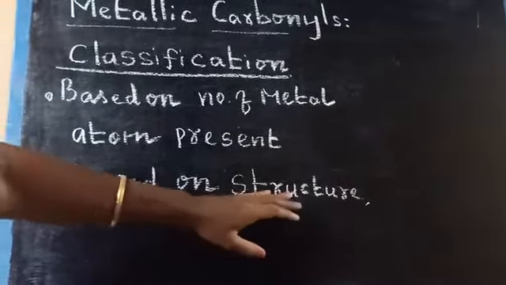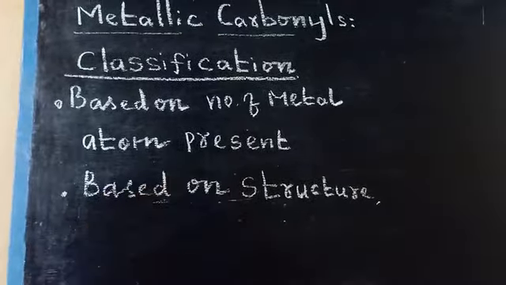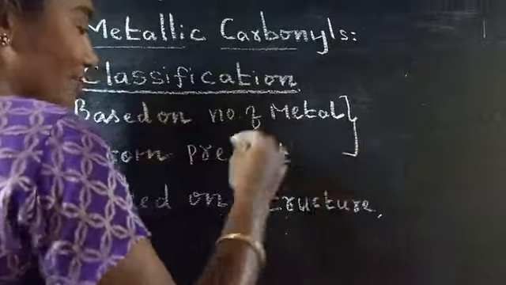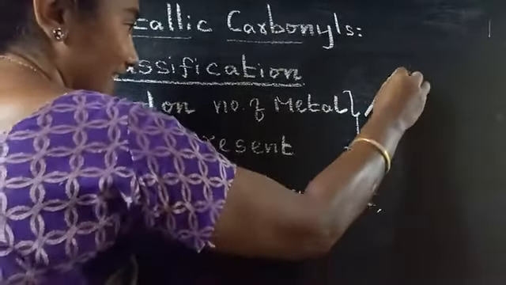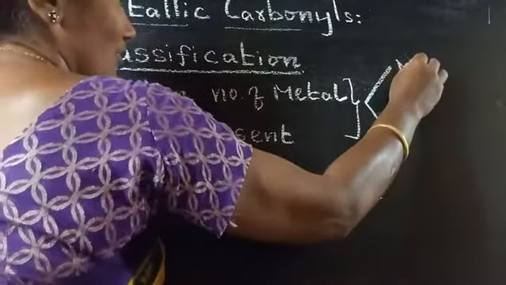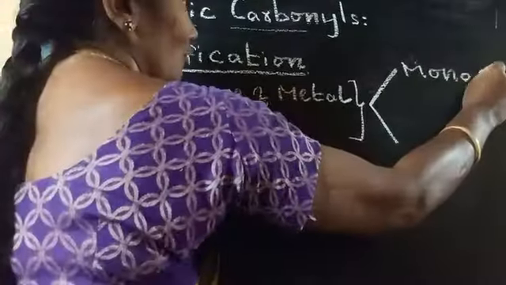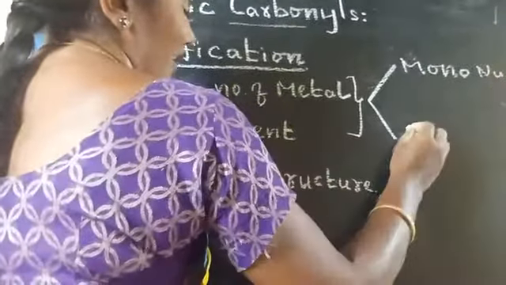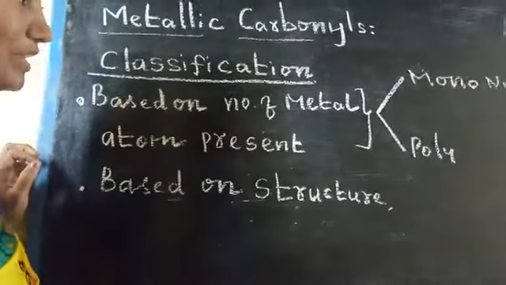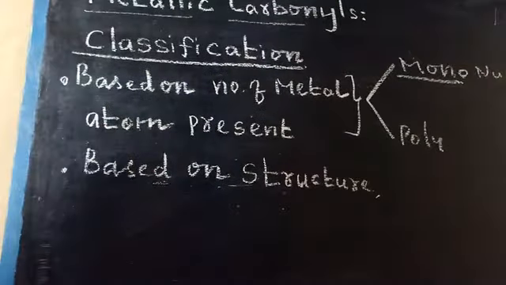One is based on the structure, and another one is based on the number of metal atoms present. First, based on the number of metal atoms, it is again classified into two: mononuclear carbonyl, where mono denotes only one, and another one is polynuclear carbonyl.